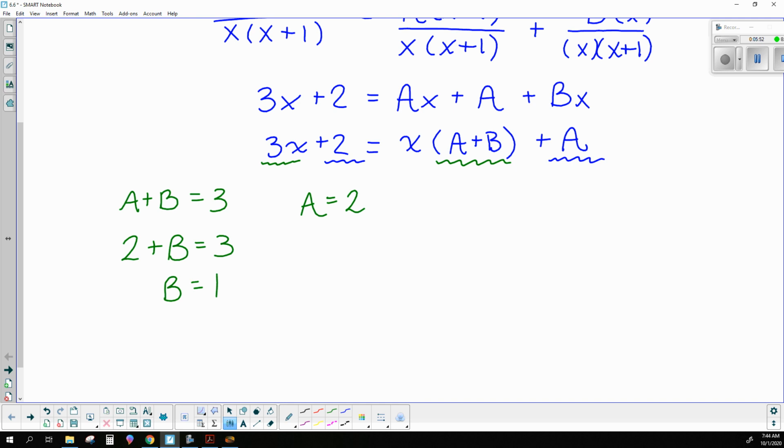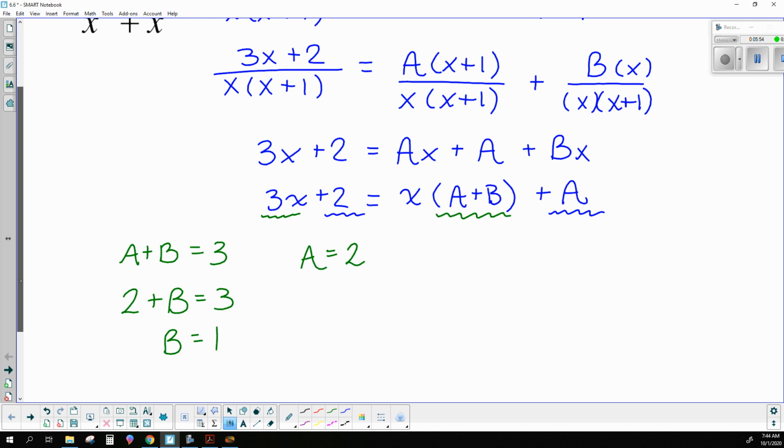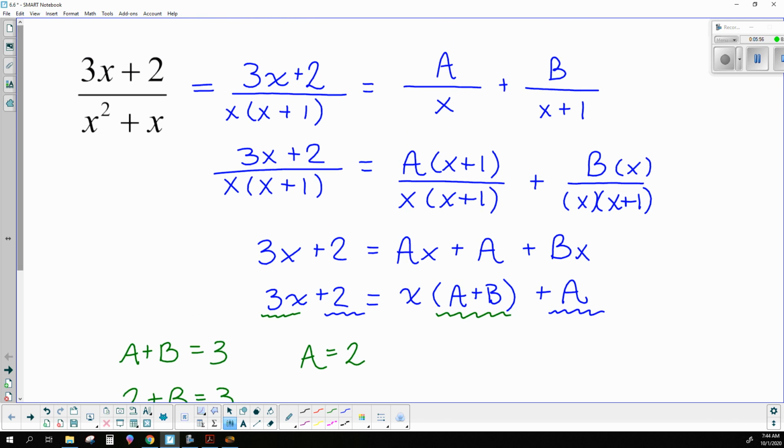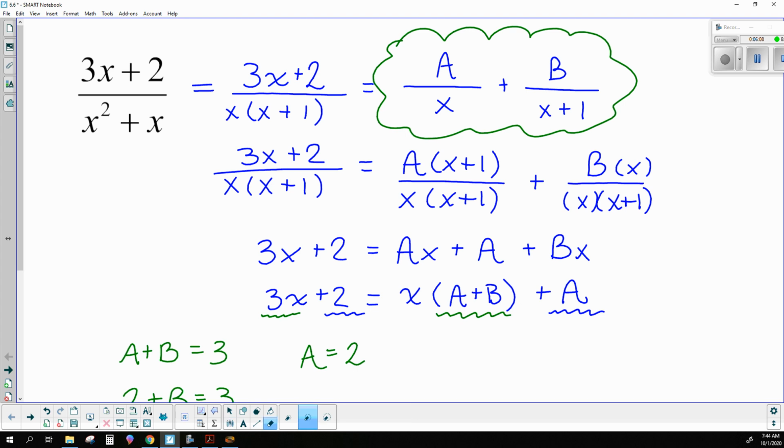So let's revisit the first equation we started with. Okay? So up here, a and b are no longer unknown, correct? We know that a was a 1 and b was a 2.